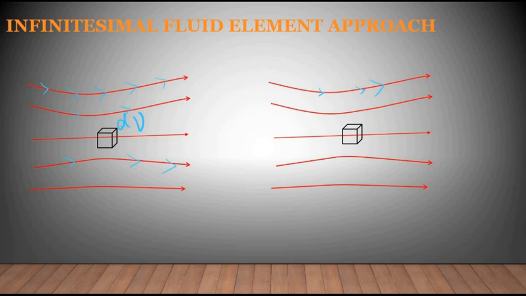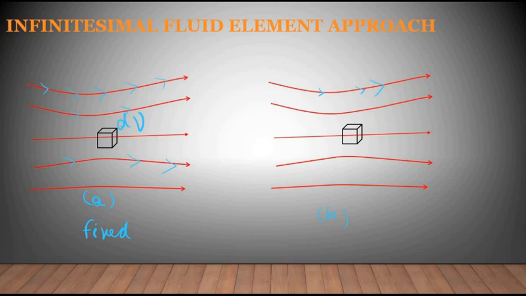Now again we have two possibilities. The first one is that my fluid element is fixed in space, that is, in the space which I have considered where the streamlines are flowing, my fluid element is fixed. What is my second possibility? That the fluid element is moving along the streamline.